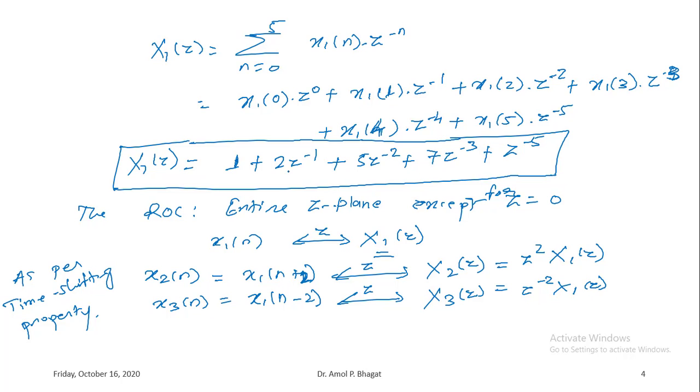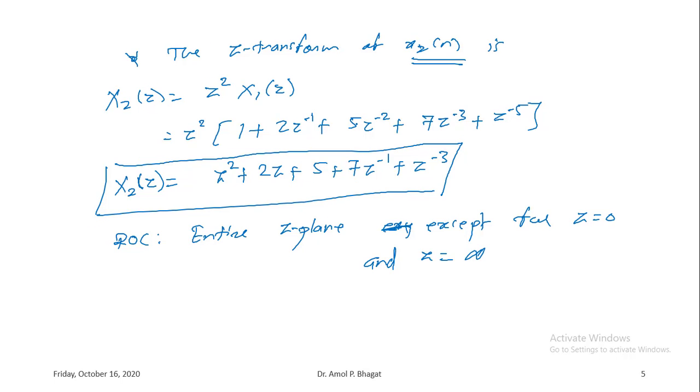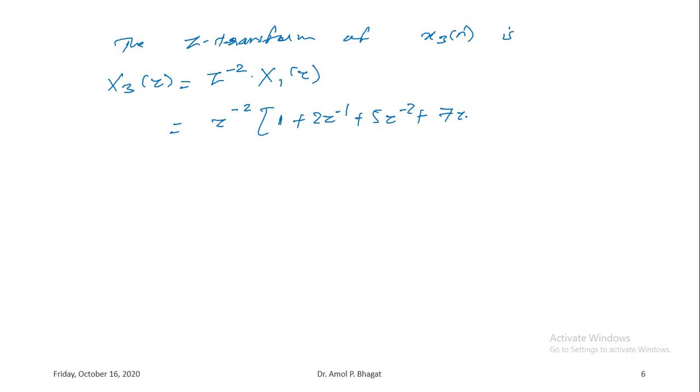So in place of X1 of z, we substitute this value, that is 1 plus 2z inverse plus 5z to the power minus 2 plus 7z to the power minus 3 plus z to the power minus 5.